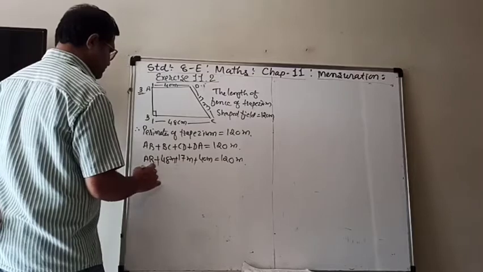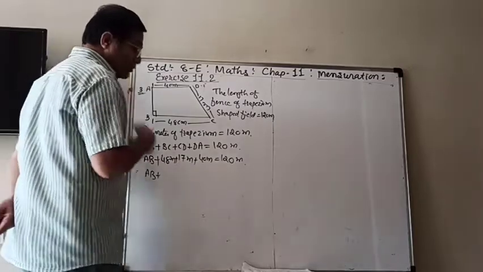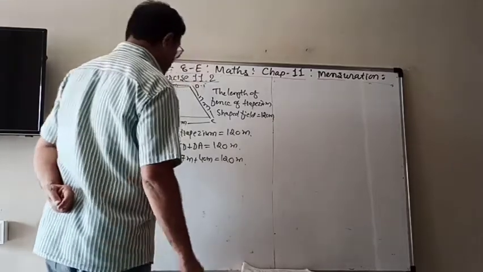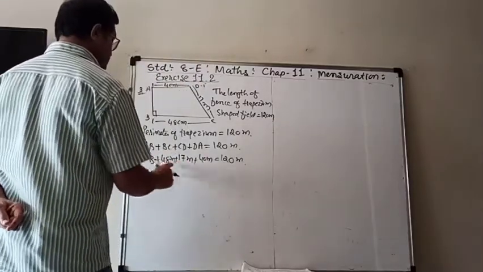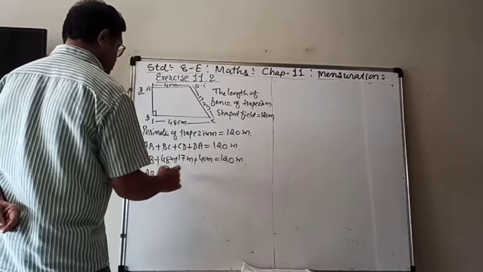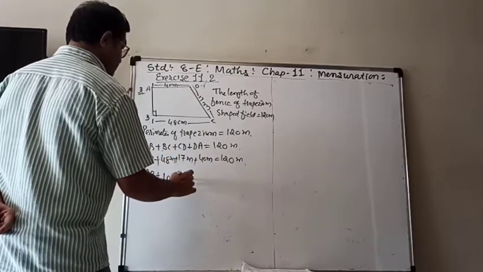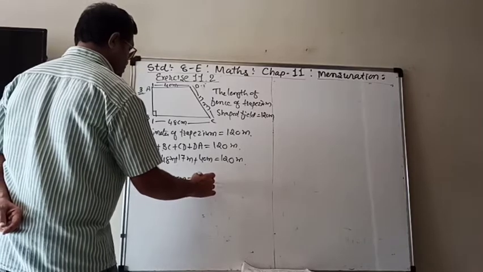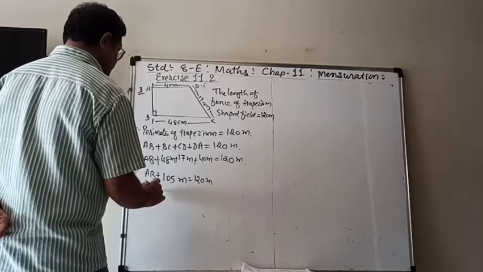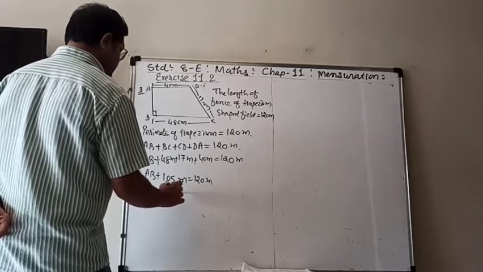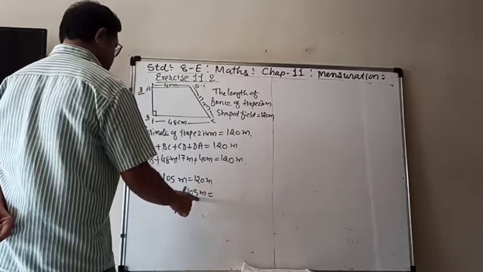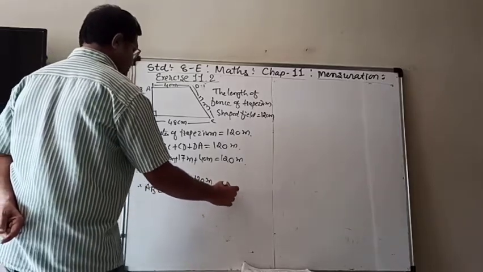All are in meters. Therefore, AB plus, now 48 plus 17 plus 40 is 105 meter. So now AB is equal to 120 meter minus 105 meter, that is 15 meter.